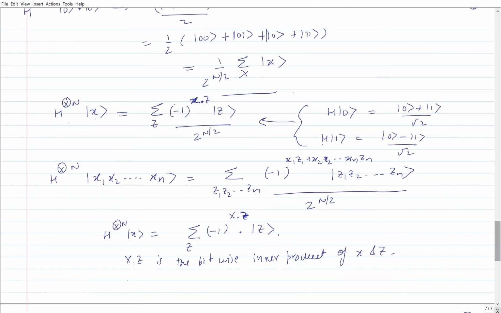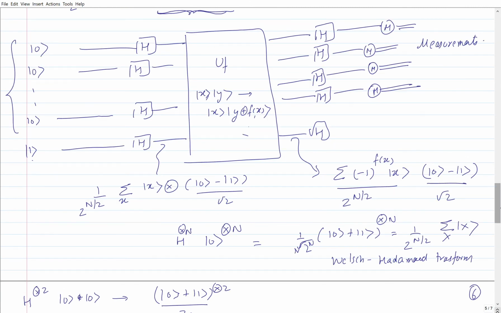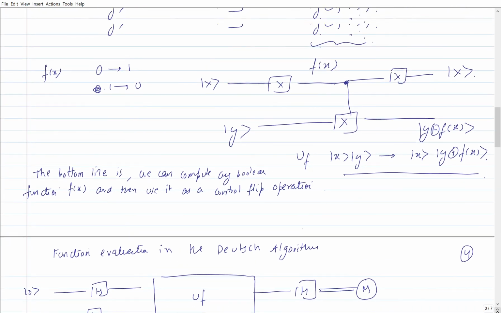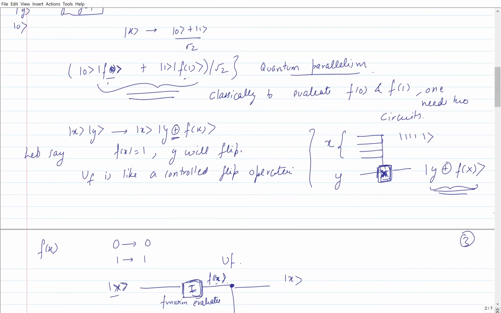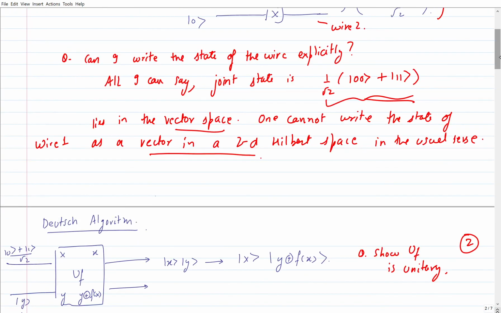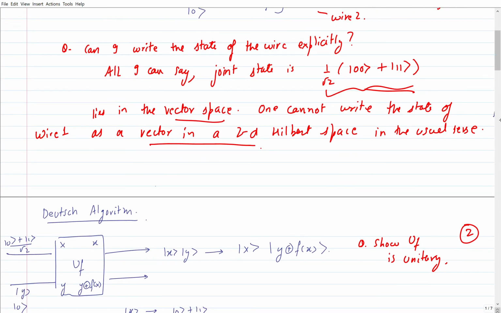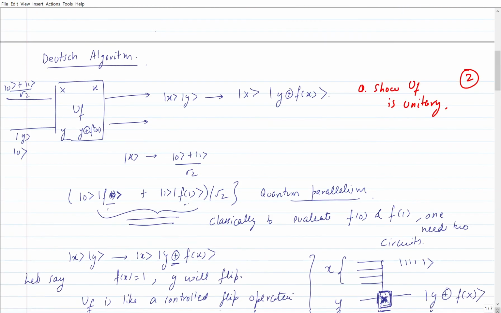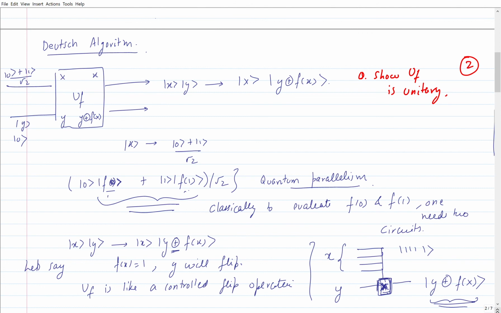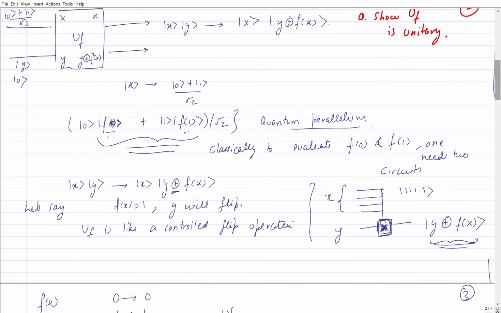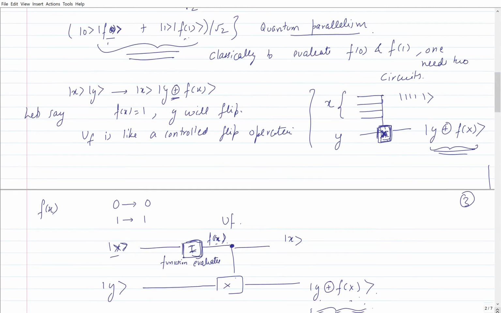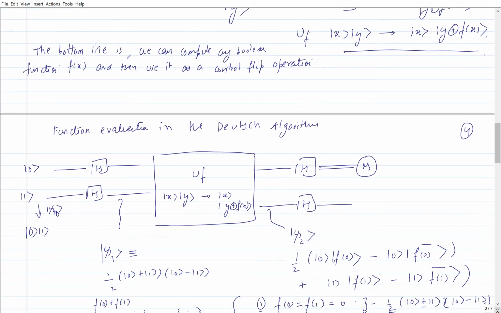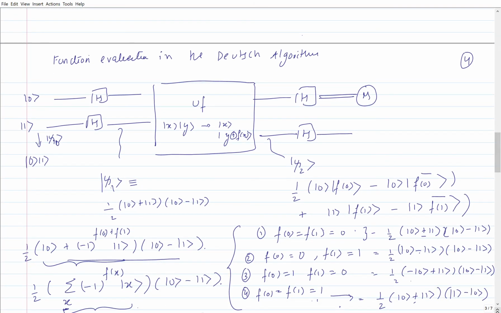This is precisely what we found out over here when we compactly wrote this example for a 2-qubit thing. Precisely over here.